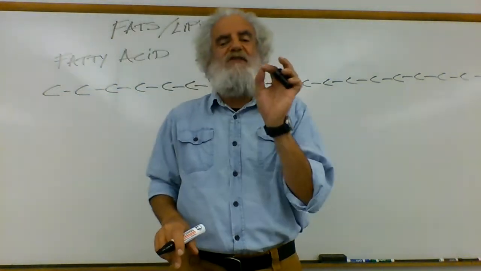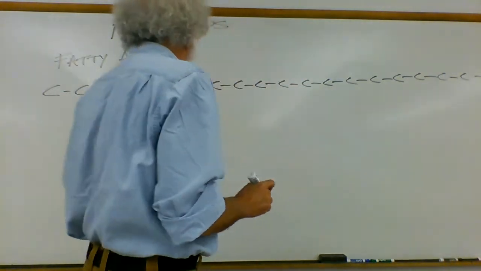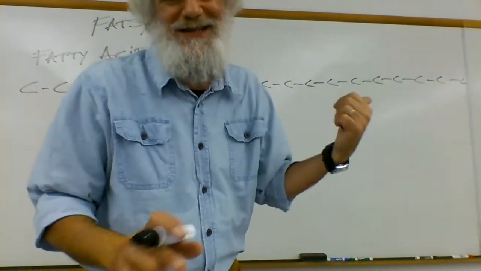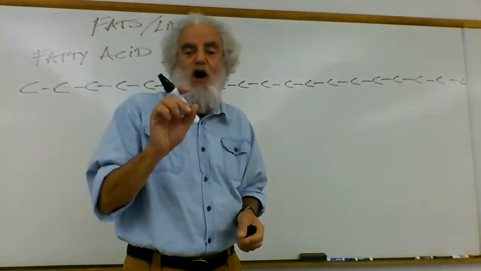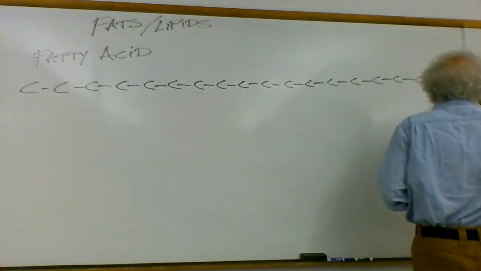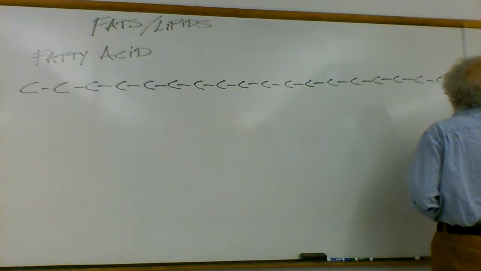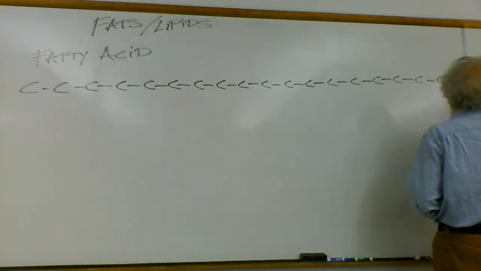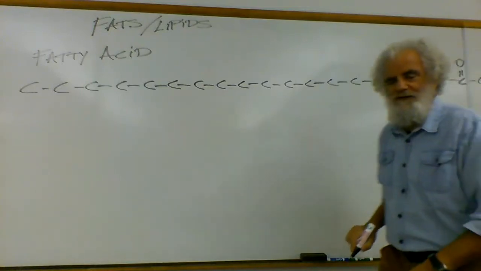Now, let's make this into a fatty acid by putting the carboxylic acid on this last carbon. So here is the last carbon. We have the OH group and the double bond oxygen.